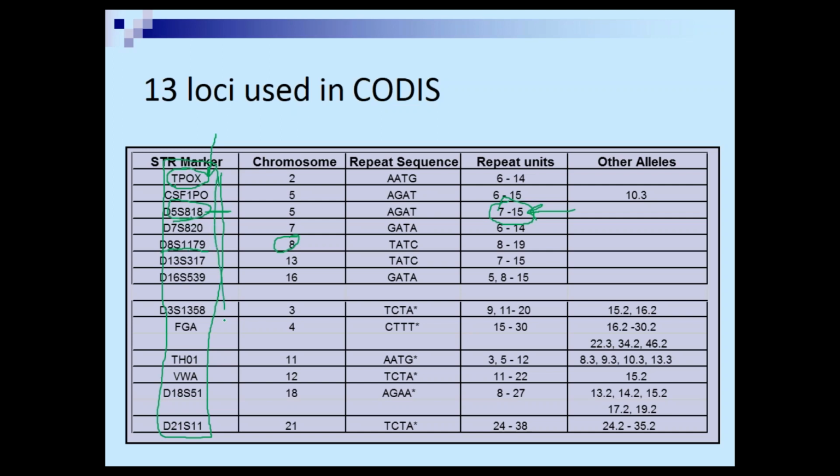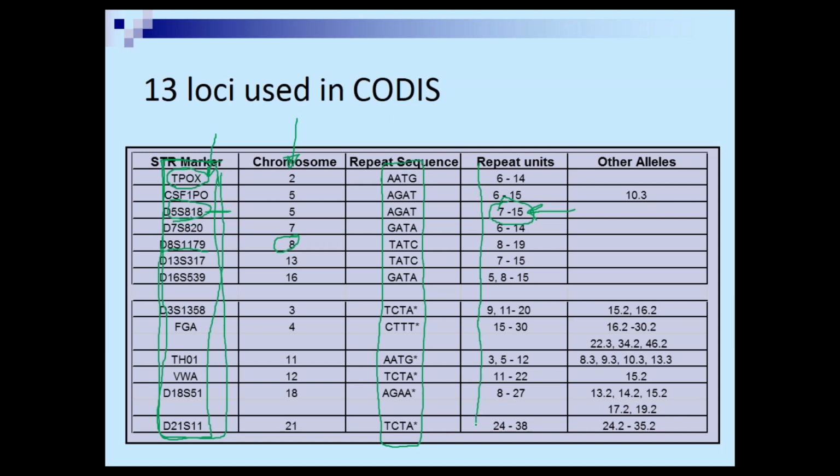Okay, so they all have funny names, but again, we're going to think of these as the street addresses. They're on a bunch of different chromosomes. That's really for statistical reasons, which we won't get into in this class. You'll notice they all have 4 letters that are repeated, but we don't actually care about what the sequence is because we just care about what the repeat number is. And most of them are from 6 to 15.